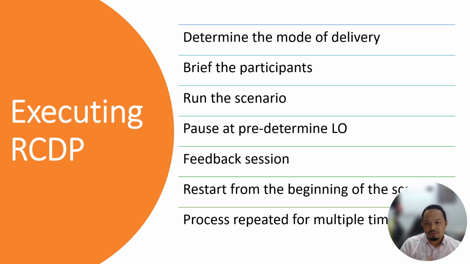You ask them to again act according to the scenario. They will do the BLS again. This time around, they will shorten the time to do CPR, because you already gave them feedback on how to shorten the time to perform CPR. Then they proceed until the defibrillation phase.